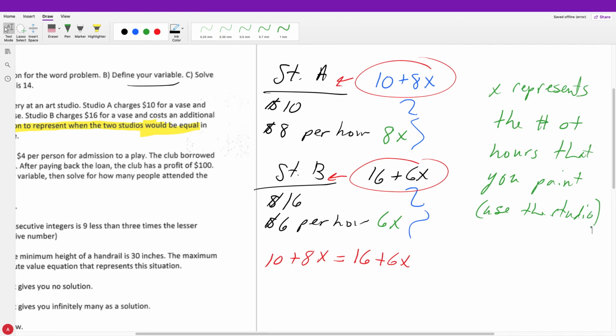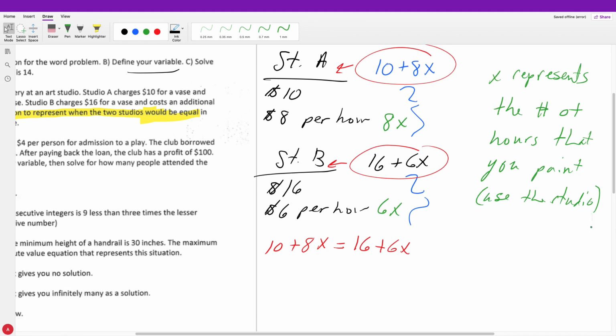Some people in your Google Forms said that the number of hours it takes for the studios to be equal, and that doesn't necessarily represent what a variable is because you're only giving me that the variable can be one number and one number only, but the x represents per hour. And yes, when we solve it, it's going to give us that answer, but x can represent any number of hours that we want to stay in that studio.